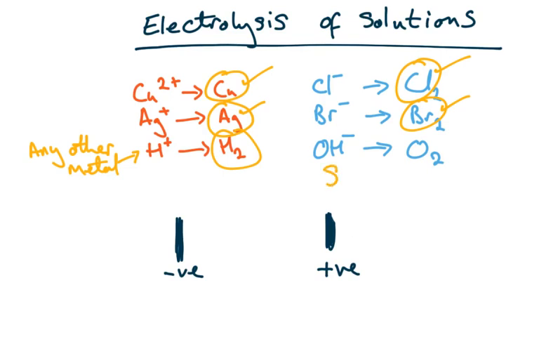If we have sulfate, that is going to form oxygen, and this is because sulfate does not win the race against the hydroxide ions from the water. It's the hydroxide ions that win the race, and they make oxygen. So if you see sulfate, you know that you're going to have oxygen that is going to bubble off at the positive electrode.